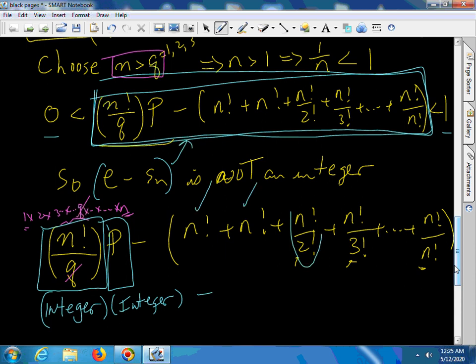And likewise, since 2 is less than n, 2 factorial goes into n factorial evenly. Same with 3 factorial. Same with all the others. The last time it goes in, one time. But the bottom line is, when you add all those integers, you know what you get?